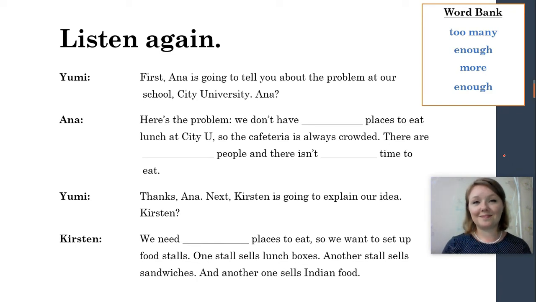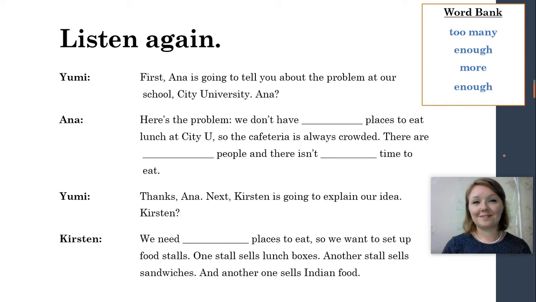Unit 12, Making Things Better. Page 108, Challenge Preview. Hey, everybody. Today we're going to present our idea to improve school life. Great. Let's hear it. First, Anna is going to tell you about the problem at our school, City University. Anna? Here's the problem. We don't have enough places to eat lunch at City U, so the cafeteria is always crowded. There are too many people, and there isn't enough time to eat lunch.